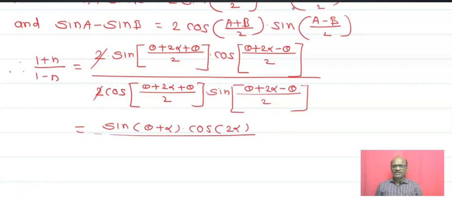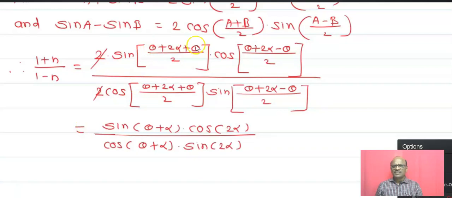For the numerator, sine of theta plus alpha, and for the denominator, see this here, that is theta plus theta, that is 2 times theta plus 2 alpha upon 2. Then take 2 as common, then these 2 will get cancelled. That is the sine of theta plus alpha into. What about here? That is theta minus theta, these 2 terms get cancelled. You will get 2 alpha upon 2, but I forgot to write here that these 2 also get cancelled.